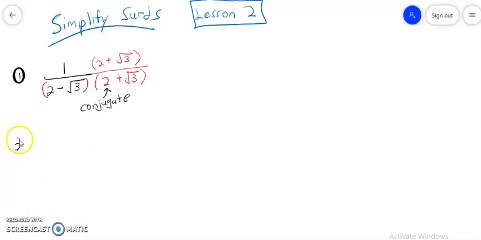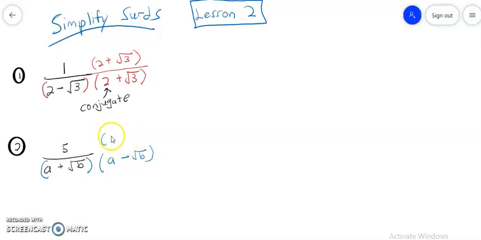To simply understand conjugate, let's say we have a basic form of a surd, for example a plus square root of b. Here the conjugate of this denominator is a minus square root of b, and you multiply both sides.